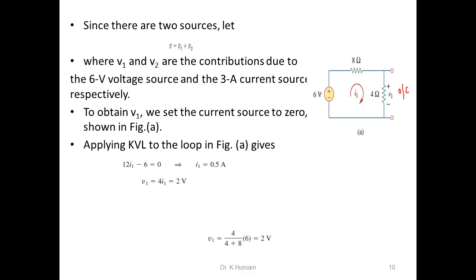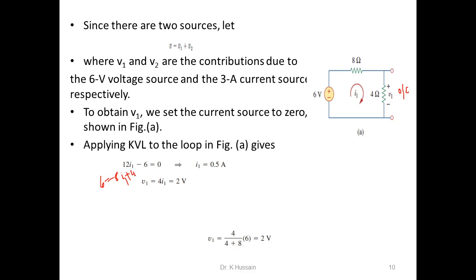Directly you can take here 6 equal to 8I1 plus 4I1, because both are in series, right? So that is 12I1 equal to 6 directly here, or 12I1 minus 6 equal to 0. Both are the same.